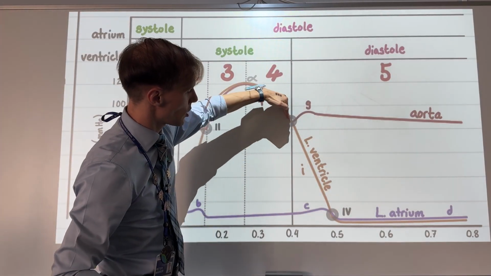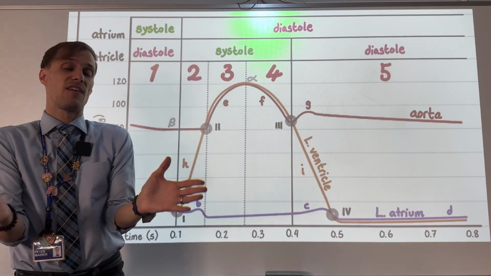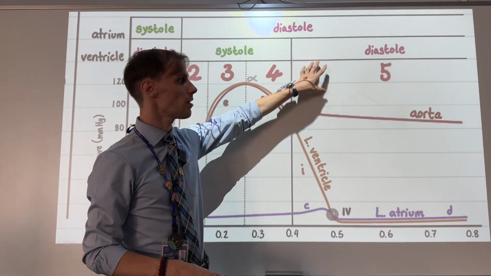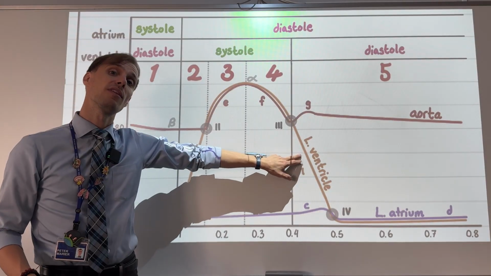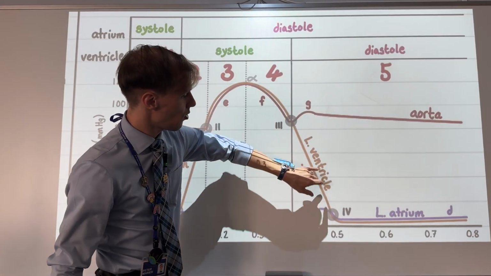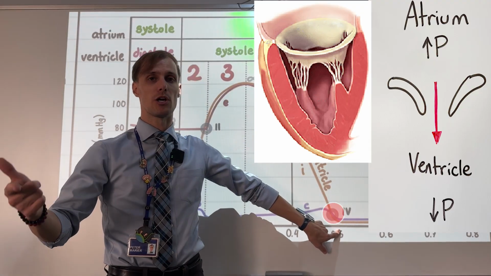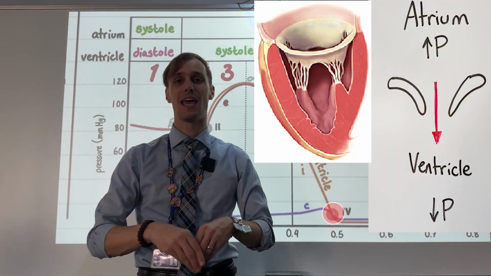So now pressure is going to rapidly drop within the ventricles because the ventricles are now in diastole, they're not contracting anymore. And blood has relatively left that chamber. Pressure within the ventricles is going to drop significantly over time. And then once ventricular pressure has dropped below atrial pressure once again, that's going to cause the AV valves to once again open.